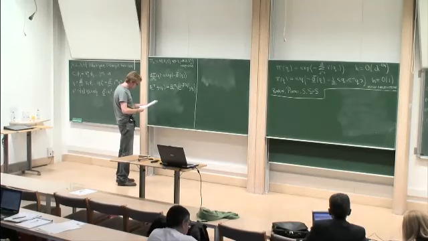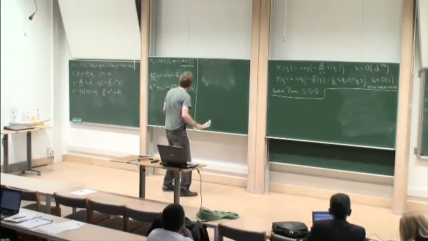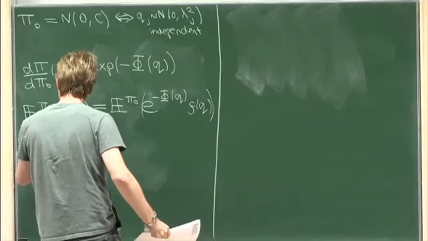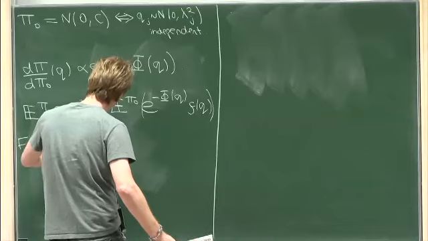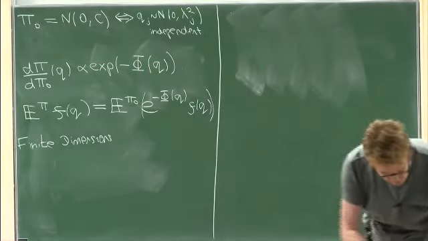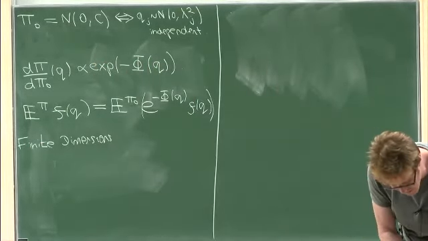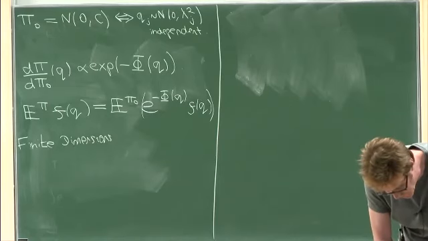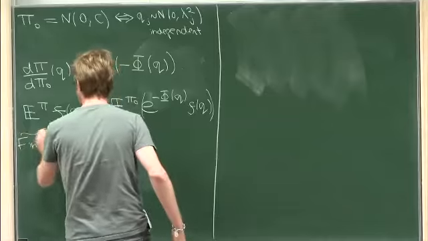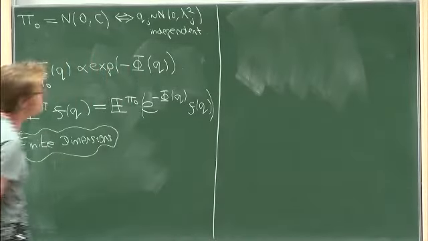Okay, so in finite dimensions, what does what I've just said mean? In finite dimensions, the measure that I've just written down is the one that has this pi up here as density. I'll try and always do the finite dimensions in yellow.